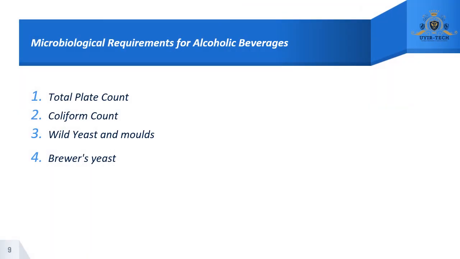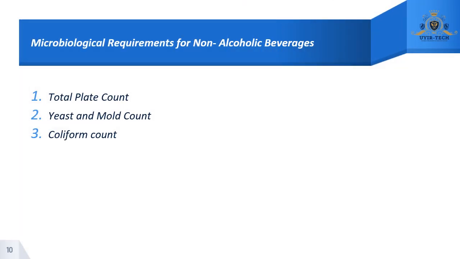The microbiological requirements for alcoholic beverages. We have to focus on total plate count, ISO 4833, coliform count as per ISO 4832, and wild yeast and mold count, as well as we have to perform the brewer's yeast.